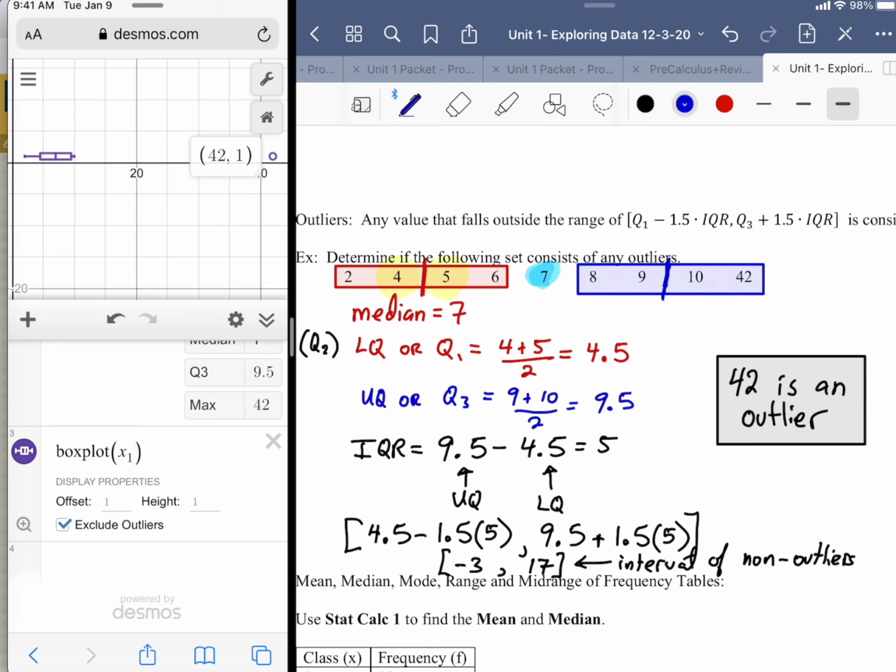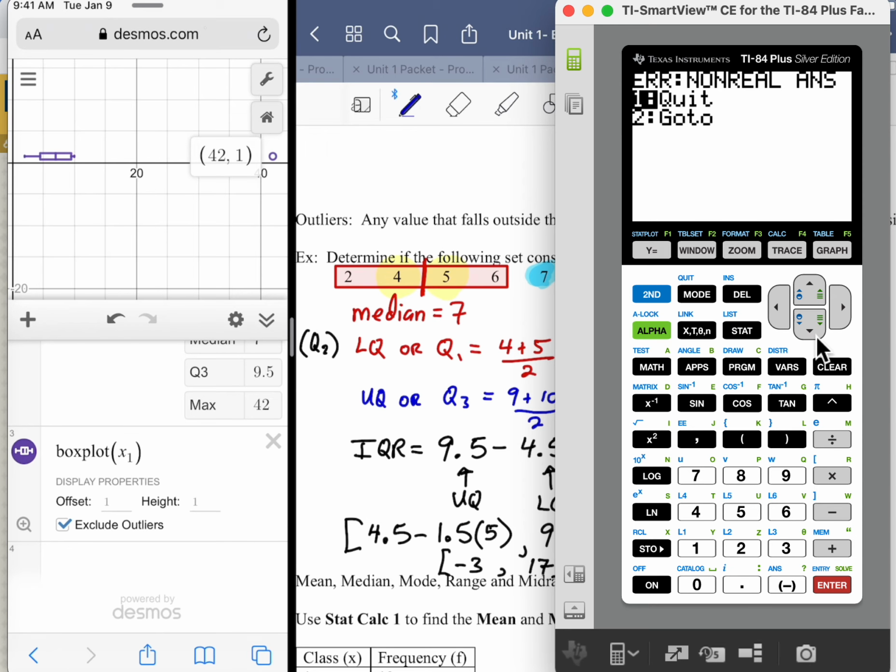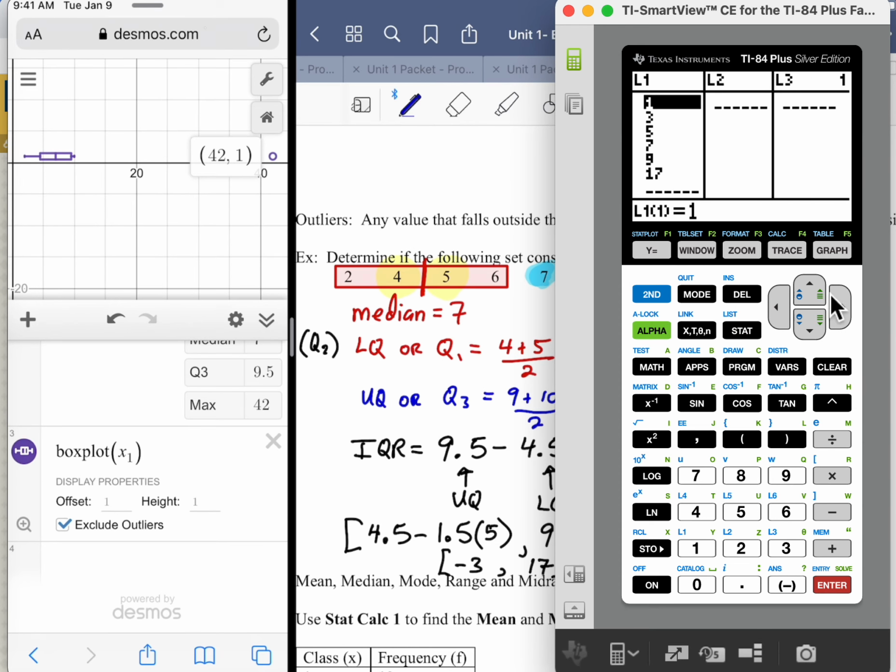Similar idea for the TI. It's just stat, calc, 1, like you were doing before. After you put the data points in, so let me just pop it all in there.